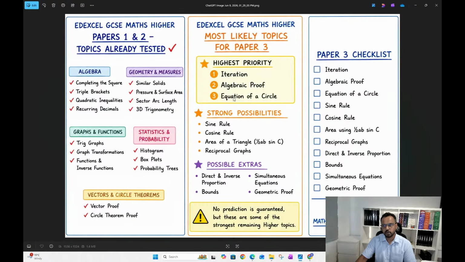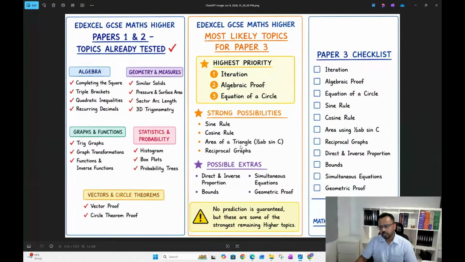Algebraic proof, equation of a circle, they are very likely to come up, right? Circle theorems looks like there was a proof question. They can sometimes ask a more calculation-based question, like those slightly complicated shapes with a cyclic quadrilateral and a tangent, something like that. Venn diagrams, possibly. Yes, that could come up as well, right?